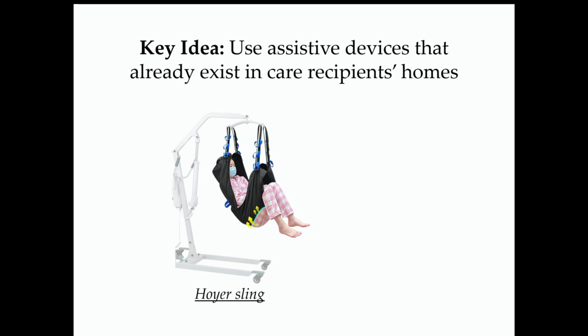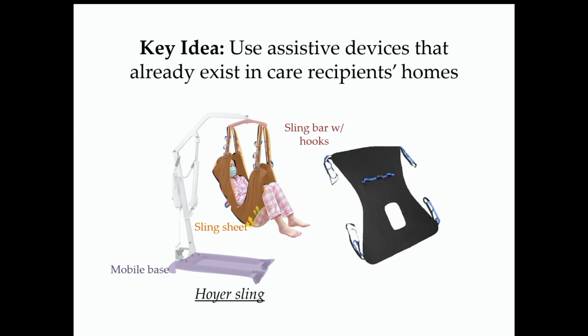So for example, this is a Hoyer sling lift that some caregivers use for transferring, where this is a mobile base, this is a sling bar with hooks, this is a sling sheet with various straps.